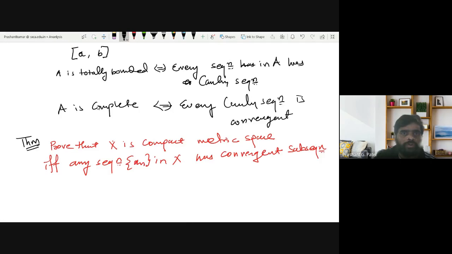If somebody wants that as a project, they can do it. This is known as sequential compactness, or the sequential definition of compactness. If you assume this as a definition, you can then prove the concept.